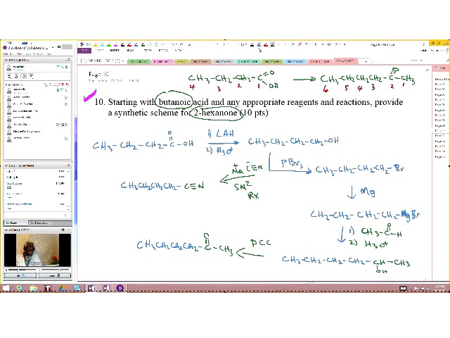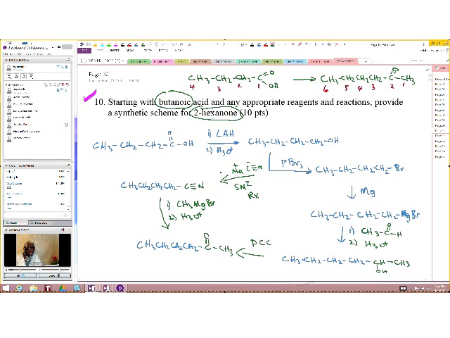So here you then take your Grignard reagent. Step 1, take a methyl Grignard. And then, of course, step 2, you add dilute acid.